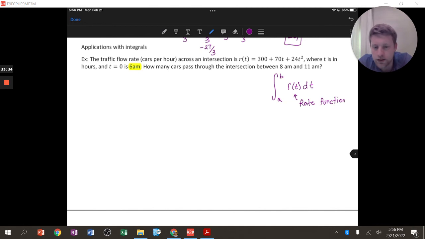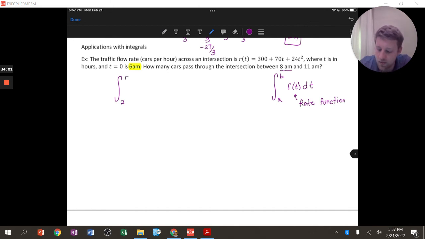So let's go ahead and do a specific integral for this question. If our starting time here is 6, let's start with those time intervals. 8 a.m. is our first time. This would be 2 hours after our starting time. So we could say that 8 is described as 2. So that would be our low endpoint. And then 11 a.m. would be described as really 5 hours after 6.